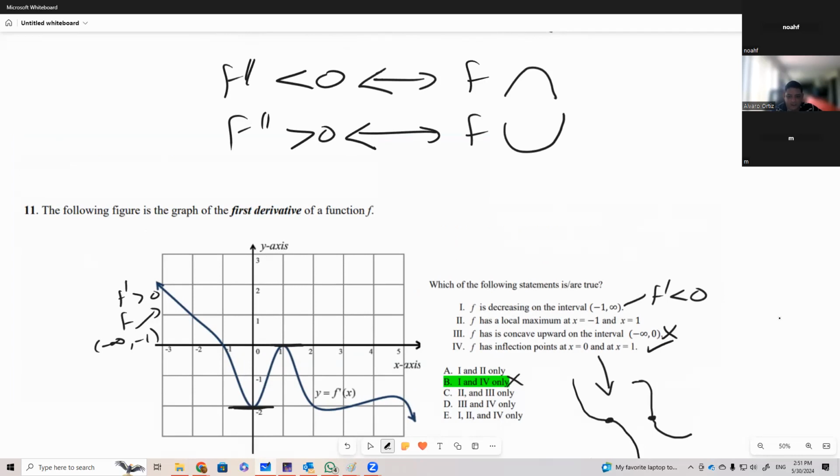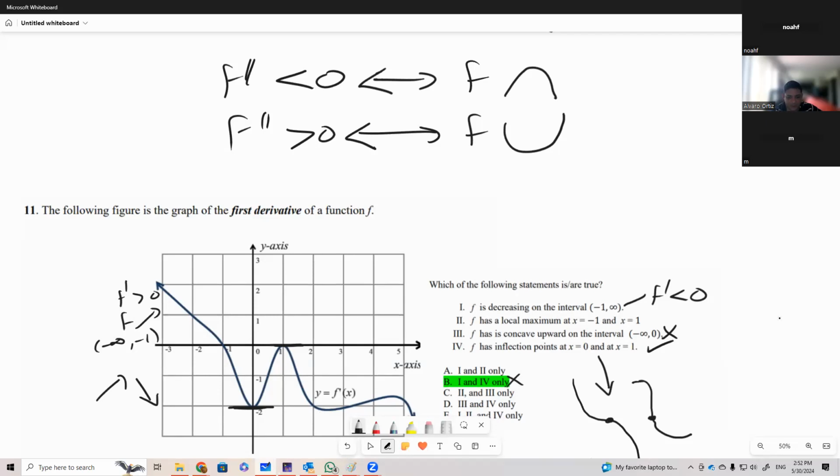And then, f has a local maximum at x equals -1 and 1. This is f prime, so the function is increasing, and then after -1 it's negative, so it decreases.